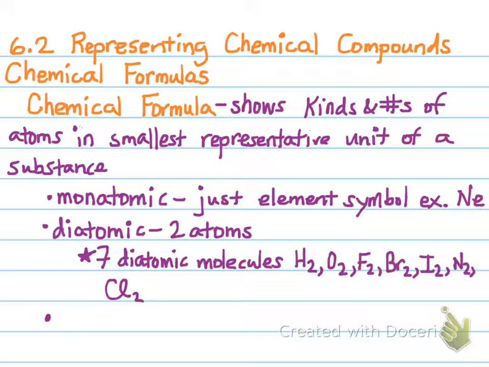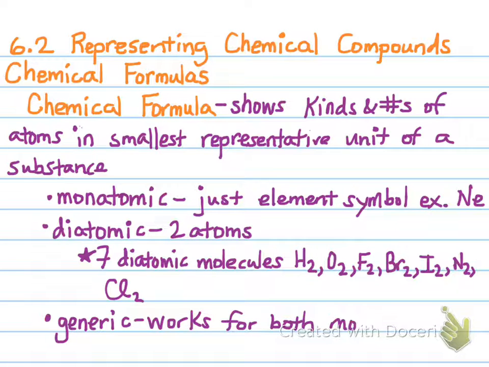As I already mentioned, a chemical formula is a generic term. It works for both molecular and ionic compounds. We can call the chemical formula of a molecular compound a chemical formula, and we can also call the formula of an ionic compound a chemical formula.